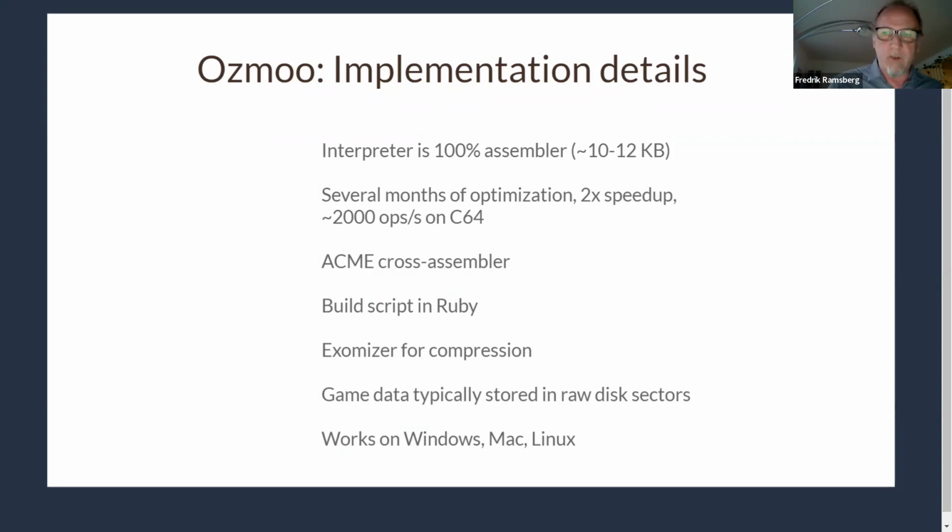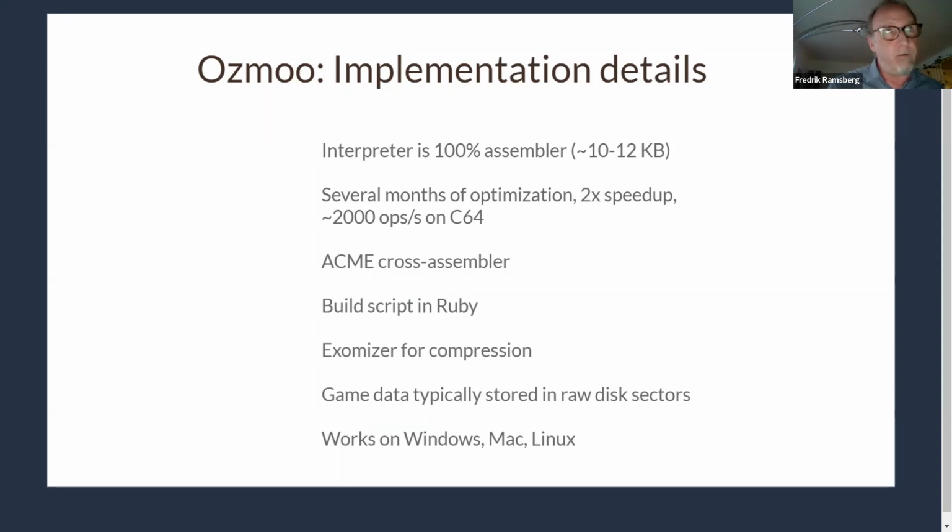We spent several months optimizing it, and we reached twice the speed to play through a game in benchmark mode. We made a benchmark mode which plays through the game Hollywood Hijinks by Infocom. And when we started, it could play through it in 30 minutes on VICE with the realistic drive emulation. And when we felt like we were done with the first round of optimization and ready to release the first version of the interpreter, it was down to 15 minutes.